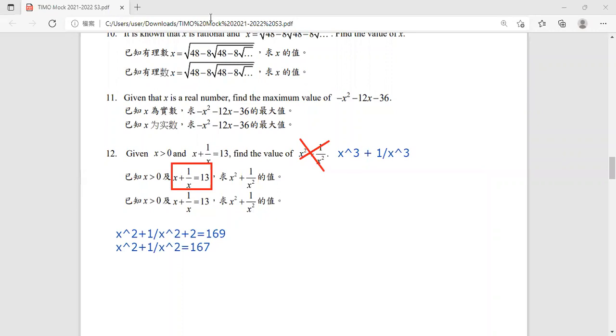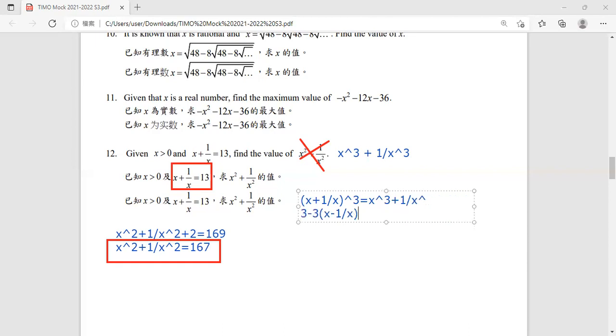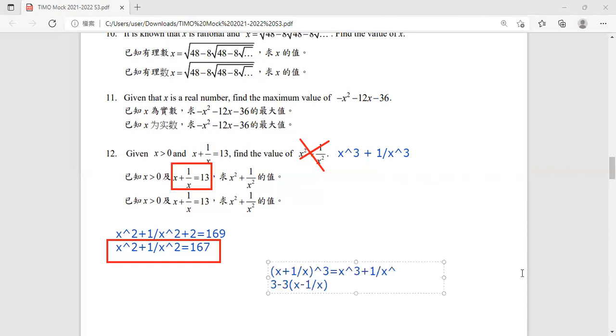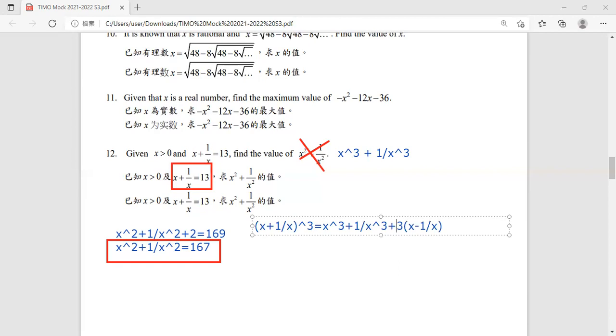If I don't have these results, you have to use this one, and then you use this one.